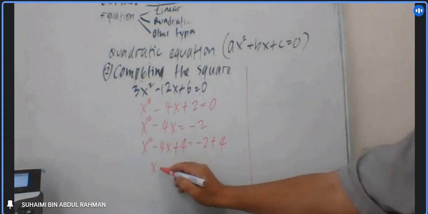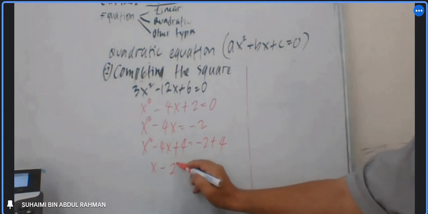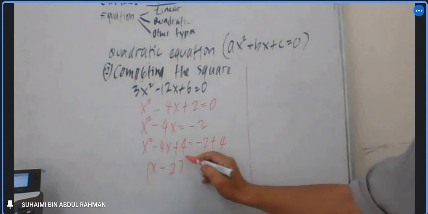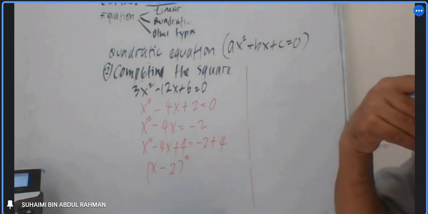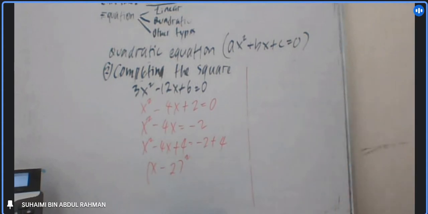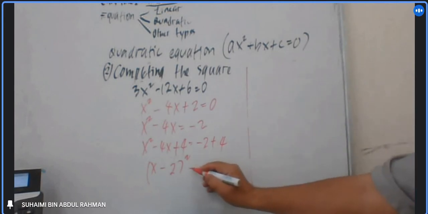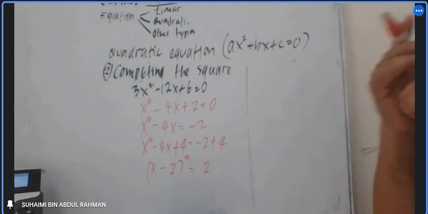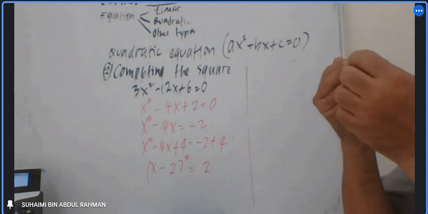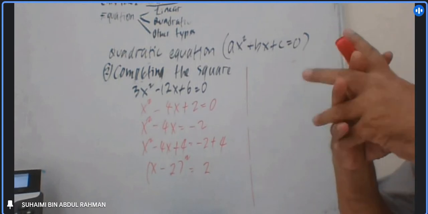Simplification: x minus 2 square, right? x minus 2 square equal to minus 2 plus 4, 2.